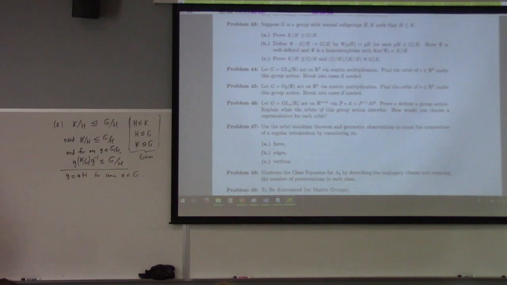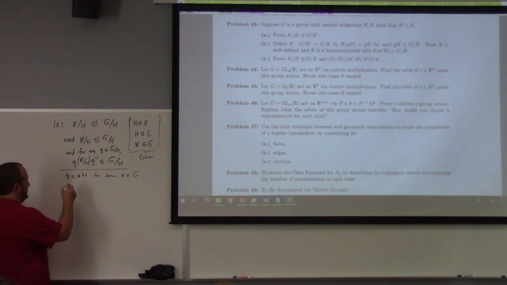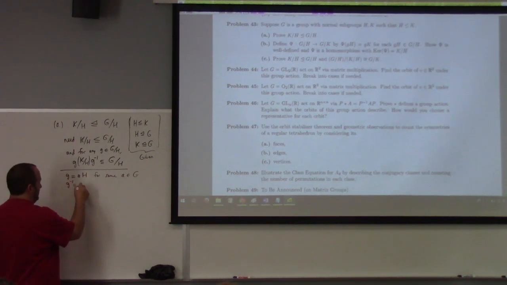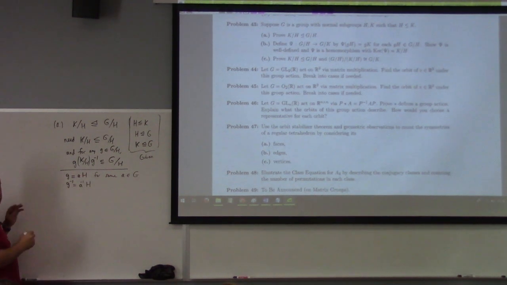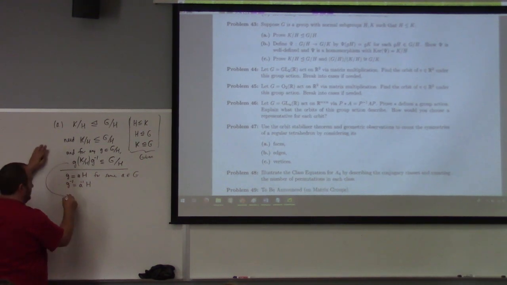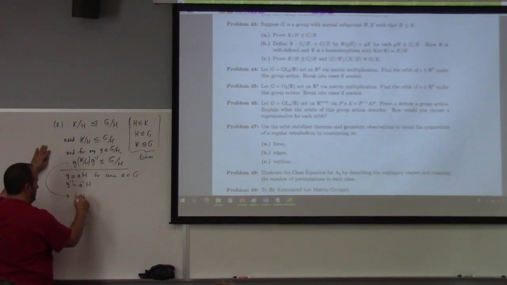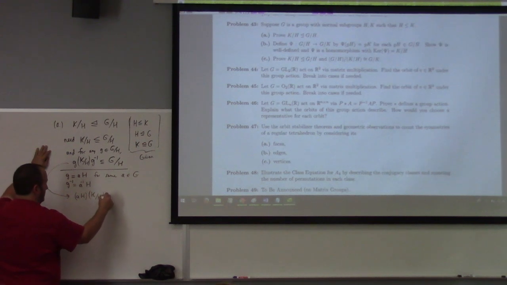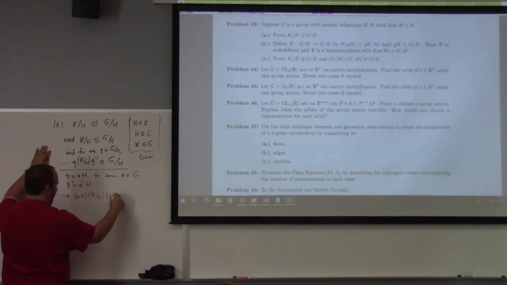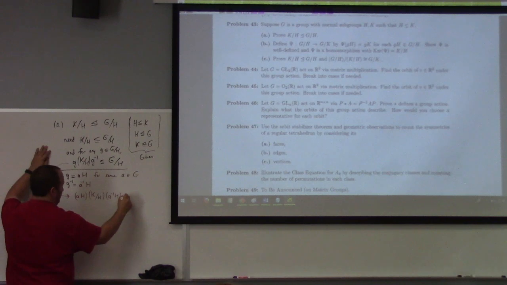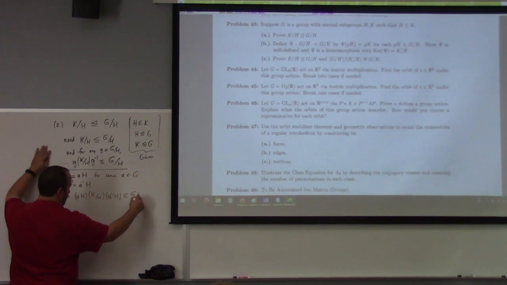Yeah. And so what's G inverse in that context? As we've discussed, it's A inverse times H, right? The inverse is represented by the inverse of the representative. So this condition amounts to, I need to check that AH, when it conjugates K mod H, is a subset of K mod H, yeah.